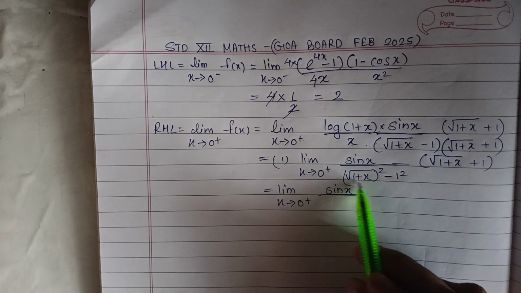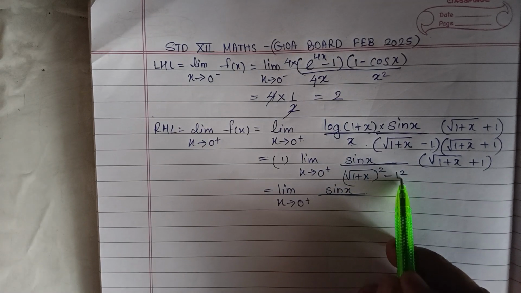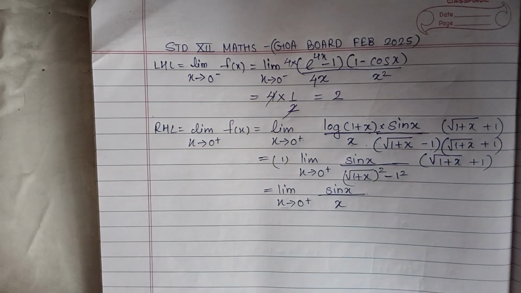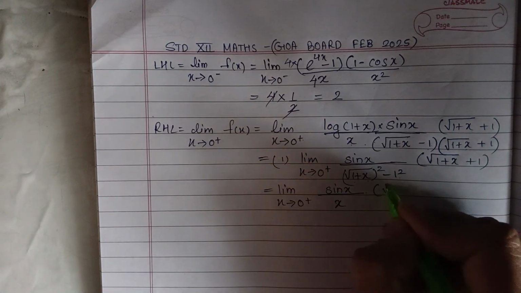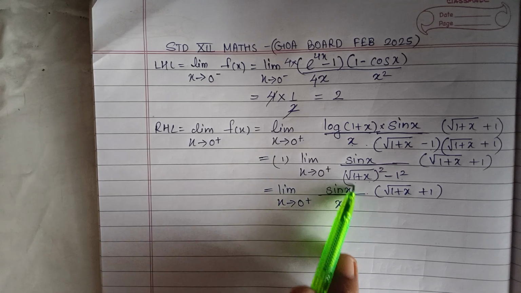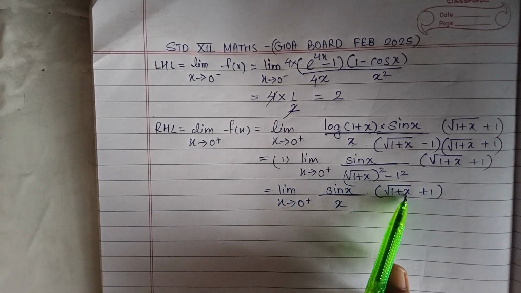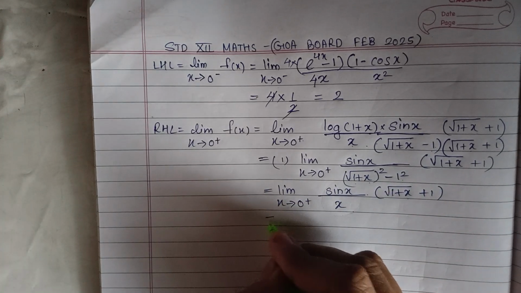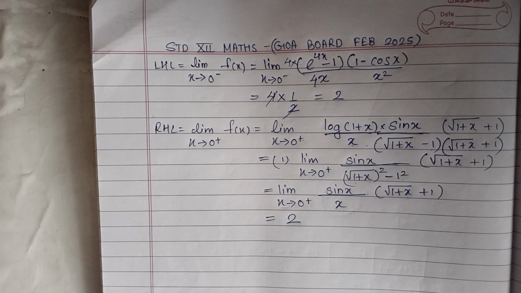So this is 1 plus x minus 1. So 1 minus 1, the 1 gets cancelled, we'll get here x. So as x tends to 0, this term becomes 1. And as x tends to 0 here, this term becomes 2. So it is 2.